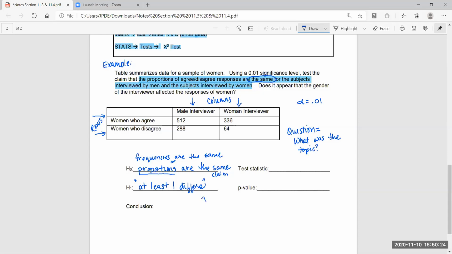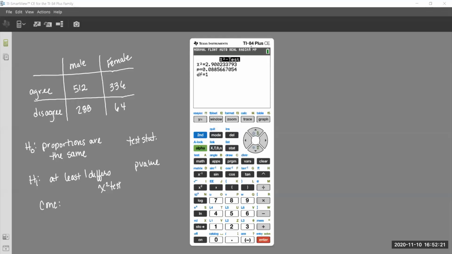Now, we're going to put the data in the matrix, and then we're going to do a chi-square test. I want to do it again in the calculator so we get some more practice. I have the calculator here, and I carried over the material from the notes. We're going to enter the data in the matrix.